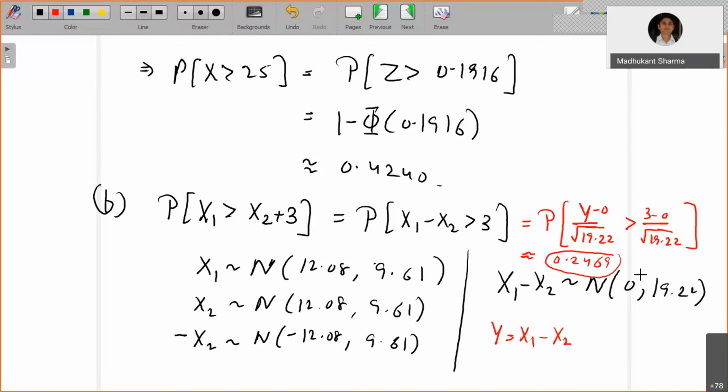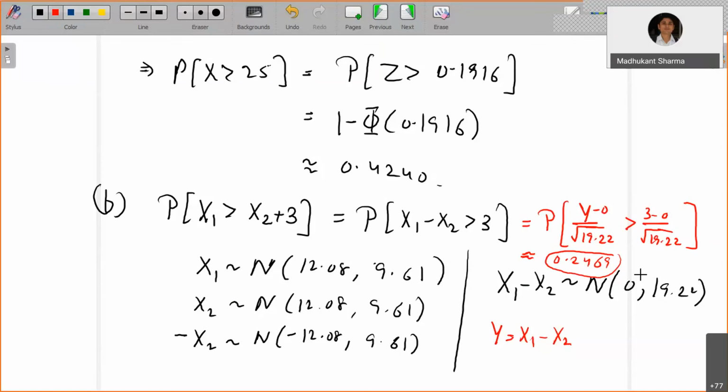In the previous case you can multiply by 100 to make a percentage. So there is a 42.4% chance in the first case that the total precipitation during the next 2 years will exceed 25 inches. And in the next case there is a 24.69% chance that next year's precipitation will exceed that of the following year by more than 3 inches.